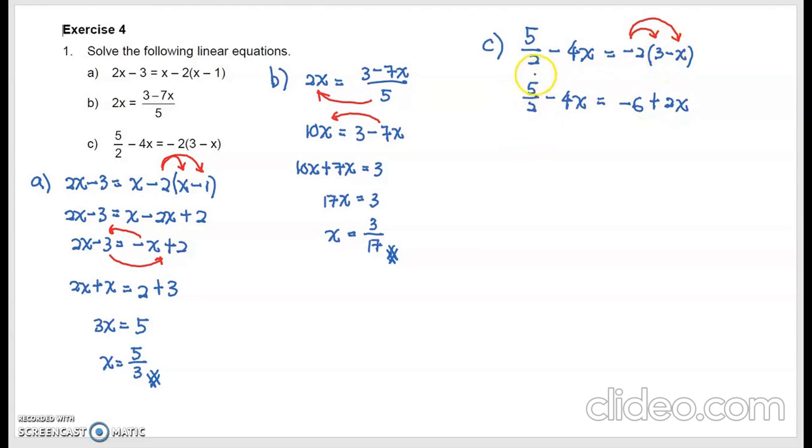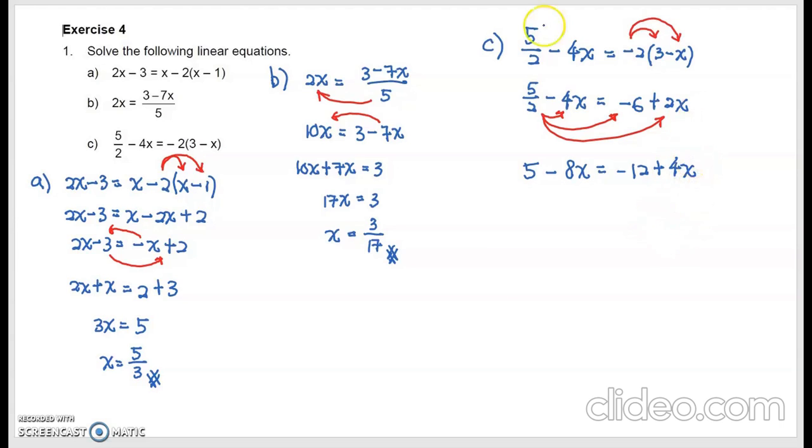Again, we have a fraction, so we can multiply 2 to each of the terms. So from here, we should have 5 minus 2 times 4x, 8x, is equal to negative 6 times 2, negative 12, plus 2x times 2, 4x.